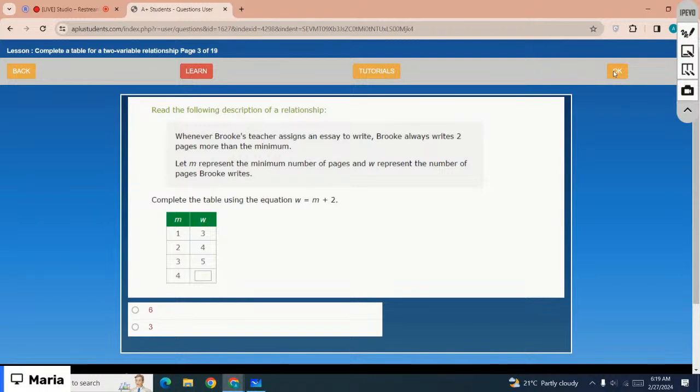The correct option is, you have to find the value of W when M equals 4. So 4 plus 2 is, yes, the correct option is 6.